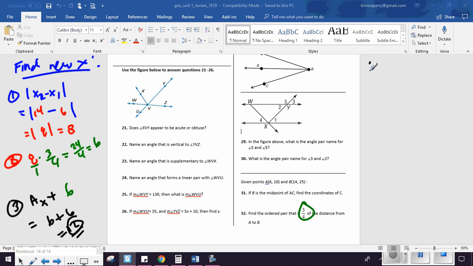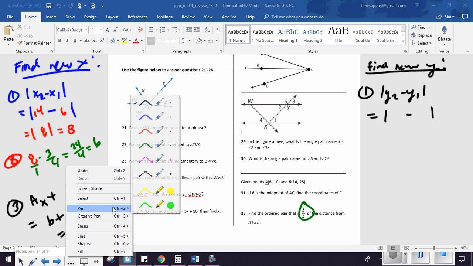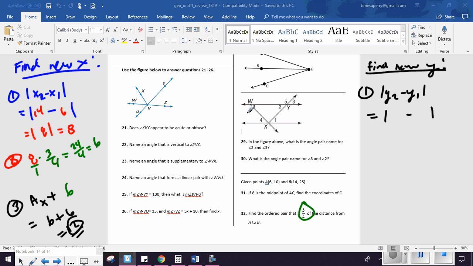Now let's find our new y. So we repeat the same steps just for y. So again, first find the total distance in my y. So the absolute value of y sub 2 minus y sub 1. Again, always start with the largest one. So the largest one is 25.